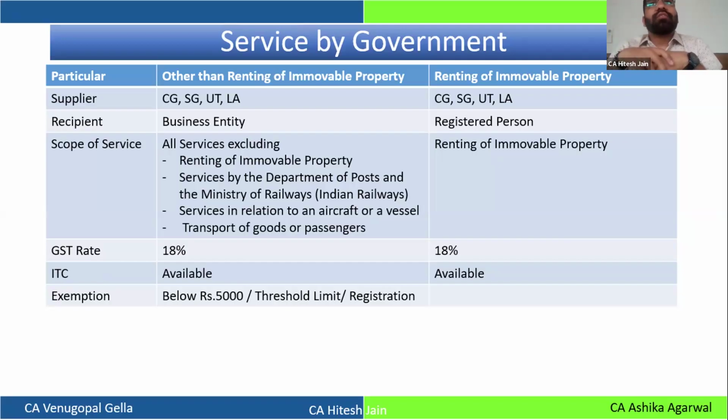What's important here is there is a threshold exemption. Like if the service cost is below 5,000, then it is not liable to be paid under reverse charge basis.